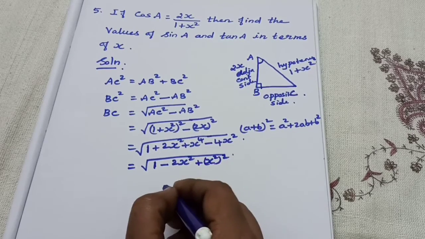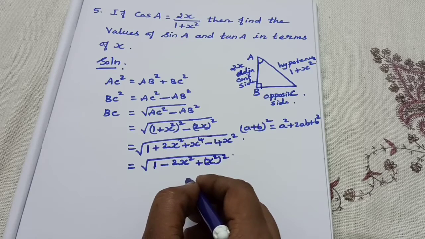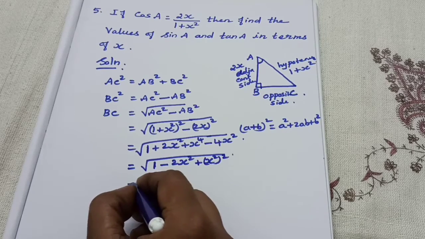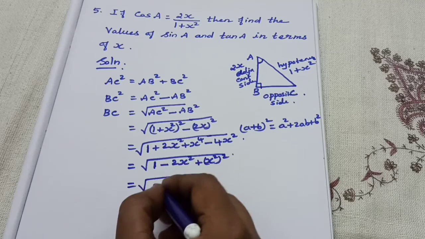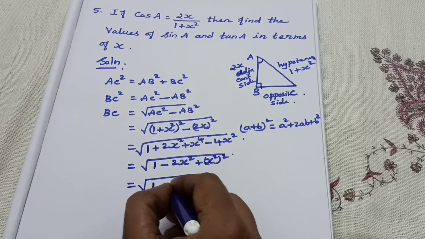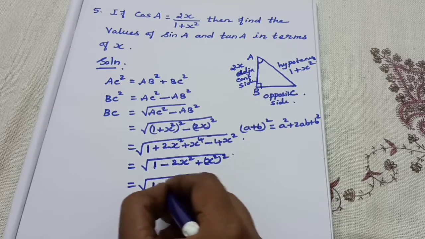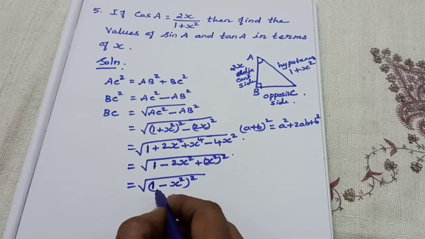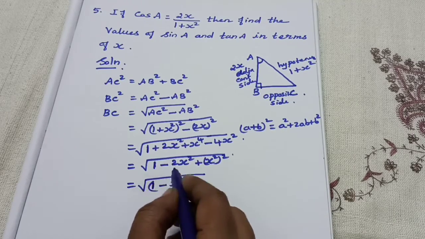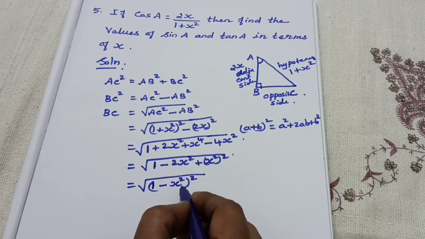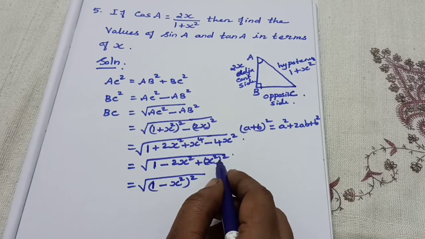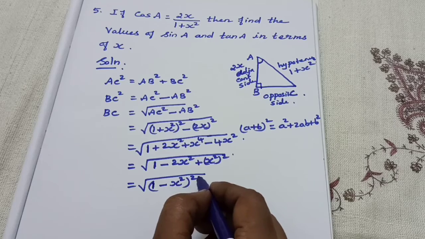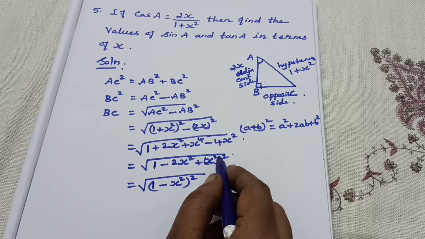So this is of the form 1 minus x square the whole square. The expansion is 1 square minus 2 into x square plus x square the whole square, that means x power 4.